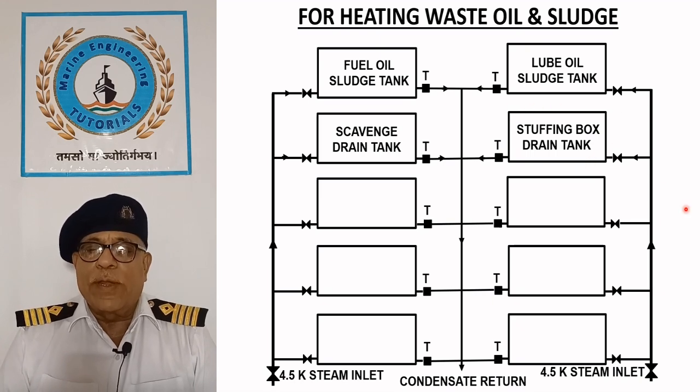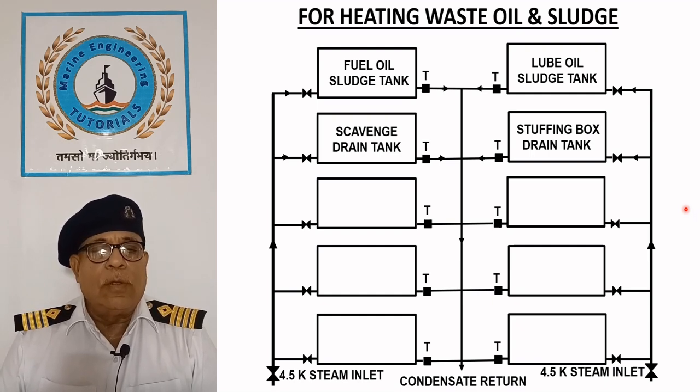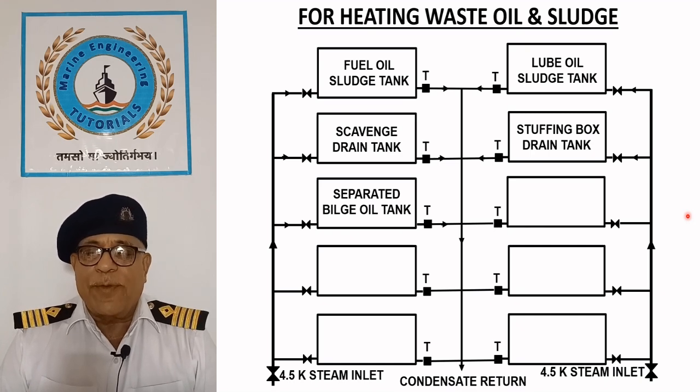Likewise, leaked lubricating oil from the main engine cabin space and crankcase, removed via the stuffing box, is heated to around 60 degrees Celsius to aid in transfer. Separated bilge oil tank. Bilge oil separated and drained by the oily water separator is heated to approximately 60 degrees Celsius for easy transfer.